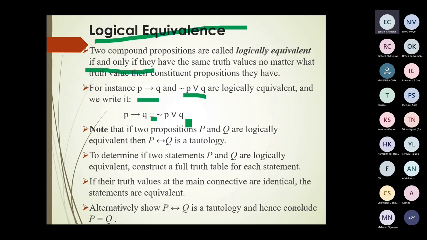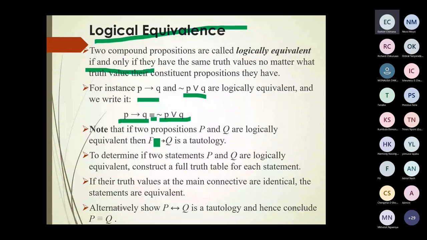Note that if two propositions P and Q are logically equivalent, then P implies Q and Q implies P is a tautology. This one is if and only if, simple. To determine if two statements P and Q are logically equivalent, construct a full truth table for each statement. So you need to construct a full truth table for this one and for this one.